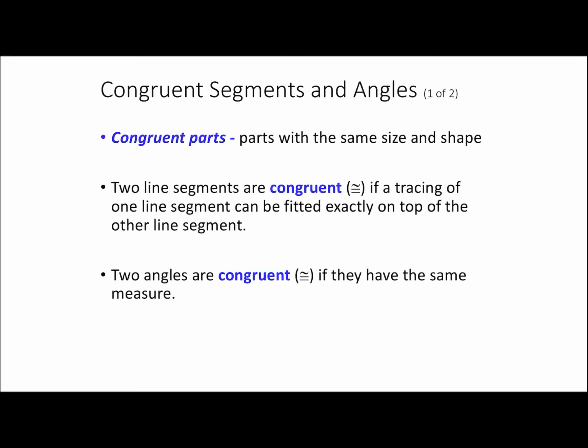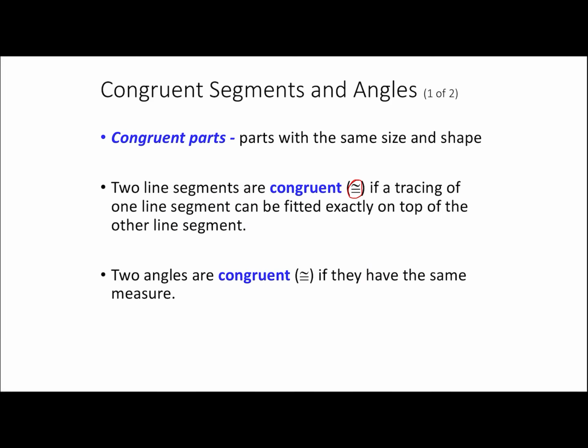They may look the same, but unless it is literally the same angle, same segment, whatever it is we're talking about, then we call it congruent. It just means they have the same shape, same size, but they're not the same angle, same segment, whatever.